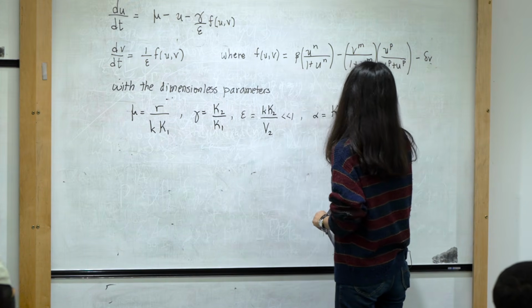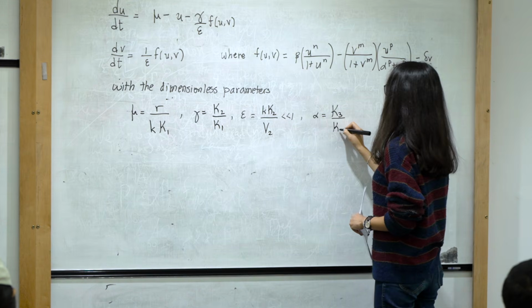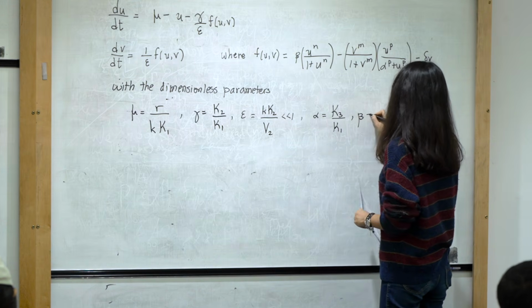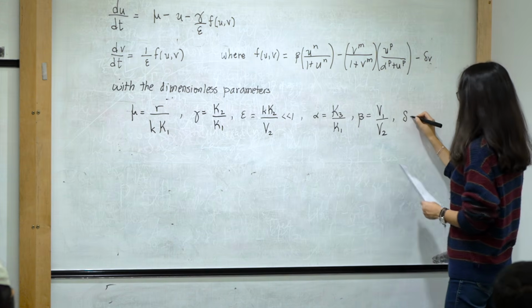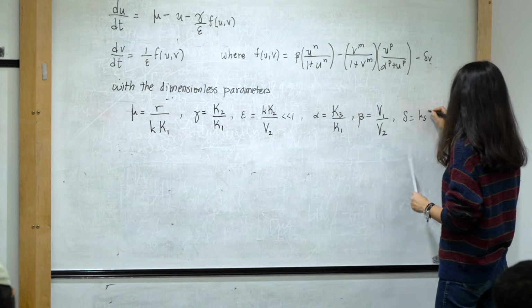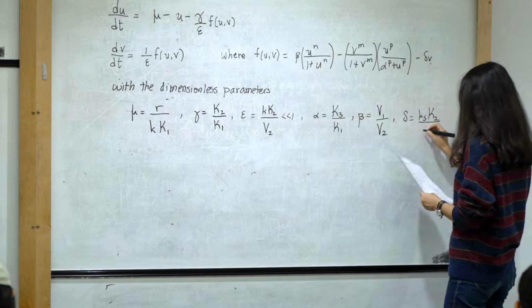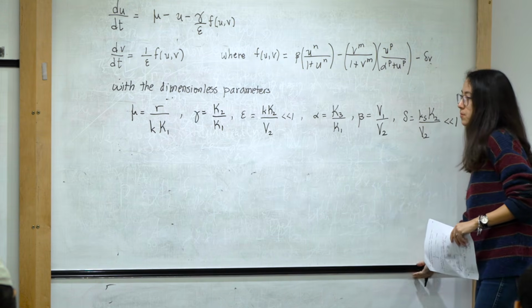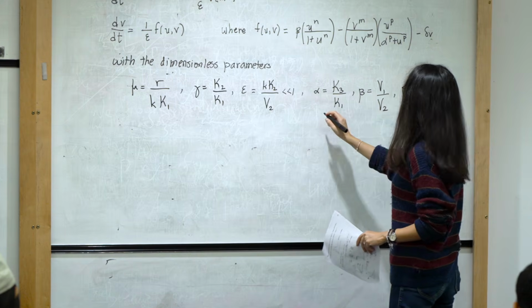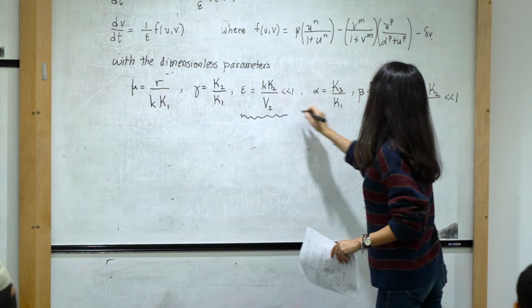And then I also have, this is K3 divided by K1. Beta is the ratio of the V's. And then finally, the delta is also a small parameter given by Ks over K2. And this is much less than 1. So I'm going to highlight these three.